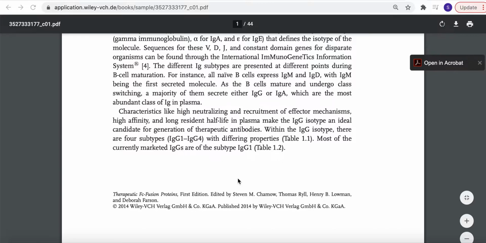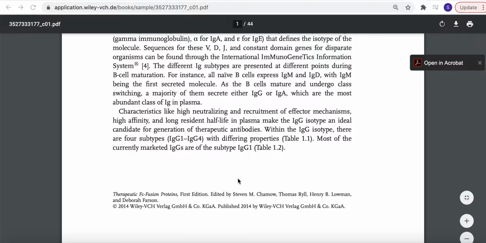Characteristics like high neutralizing capacity and recruitment of effector mechanisms, high affinity, and long resident half-life in plasma make the IgG isotype an ideal candidate for generation of therapeutic antibodies. Within the IgG isotype, there are four subtypes with different properties.